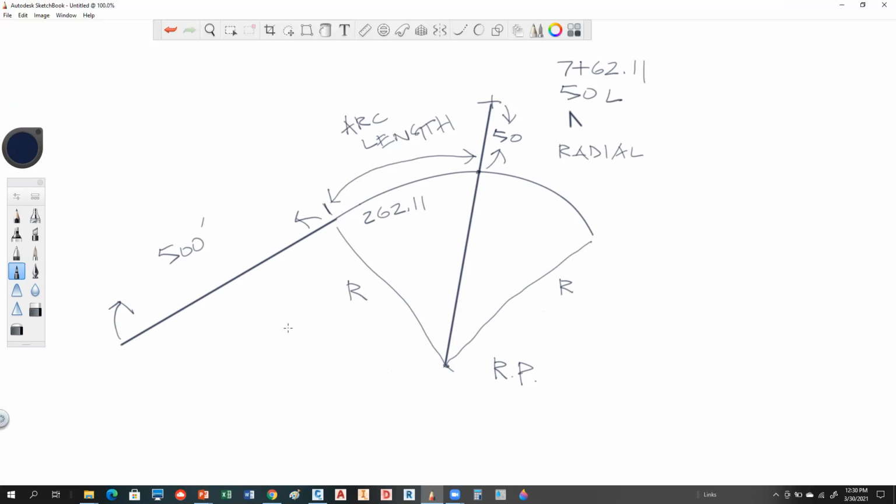Okay. And as we said, any road that you have is going to go straight for a while, and then it's going to bend, and then it's going to go straight again, then it's going to bend. And so this stuff just continues along that alignment, and that makes it a little bit more involved. And what makes it a lot more involved is if you're dealing with coordinates, you may have a grid that you're putting this stuff into.